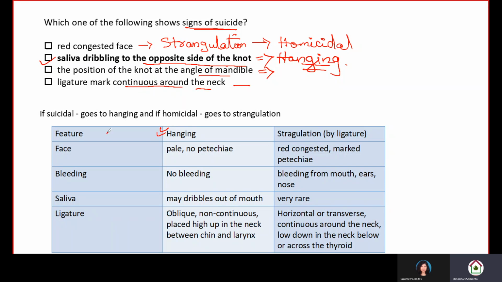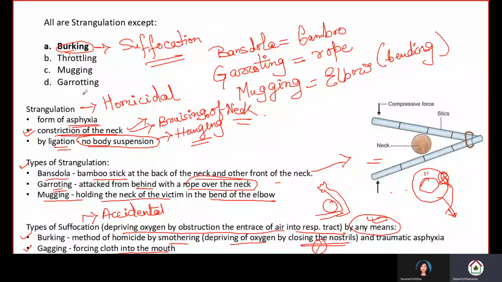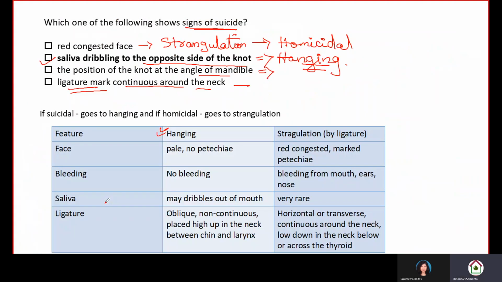As for the other features, the position of the knot at the angle of mandible, and ligature mark continuous around the neck, that means maybe garroting has occurred. So obviously that is strangulation and homicidal. So this is the more appropriate answer for this question.